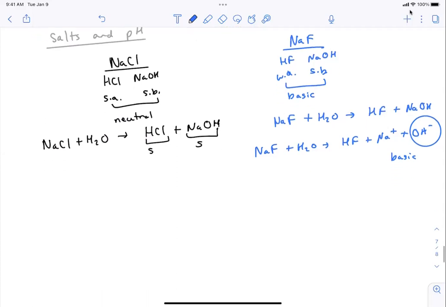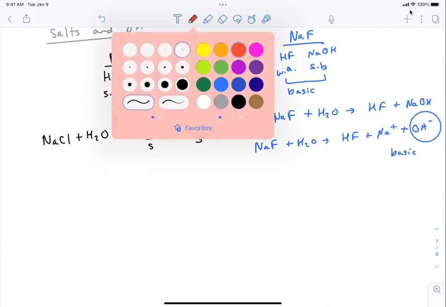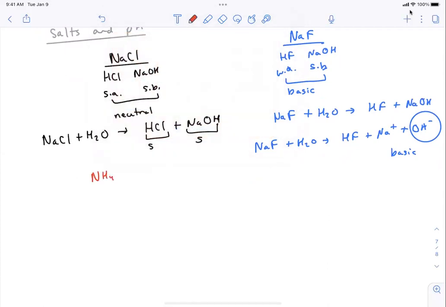And vice versa. If you have something like NH4Cl, that comes from NH3 and it comes from HCl. This is a strong acid, weak base. So therefore, this is an acidic salt.